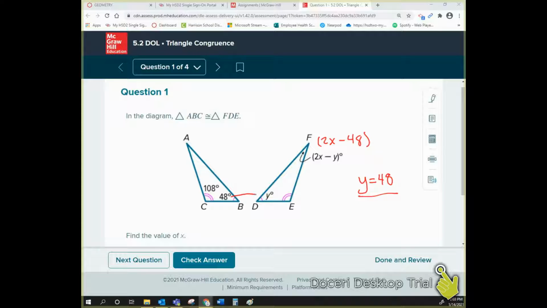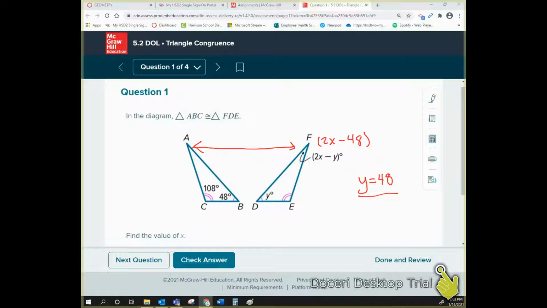I took angle B and set it equal to angle D because they are corresponding parts, and that's how I found y. Similarly, I'm going to take angle A and set it equal to angle F because they are corresponding parts, and because these triangles are congruent, those matching parts are also congruent.